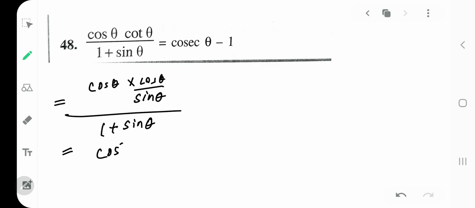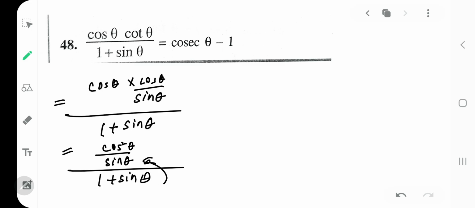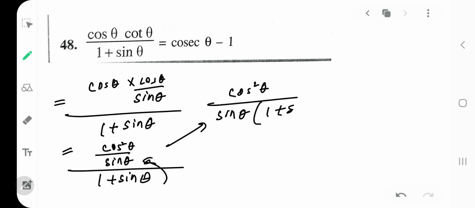So you will have cos square theta upon sin theta upon 1 plus sin theta. This 1 plus sin theta will go here, and it will be cos square theta upon sin theta into 1 plus sin theta.